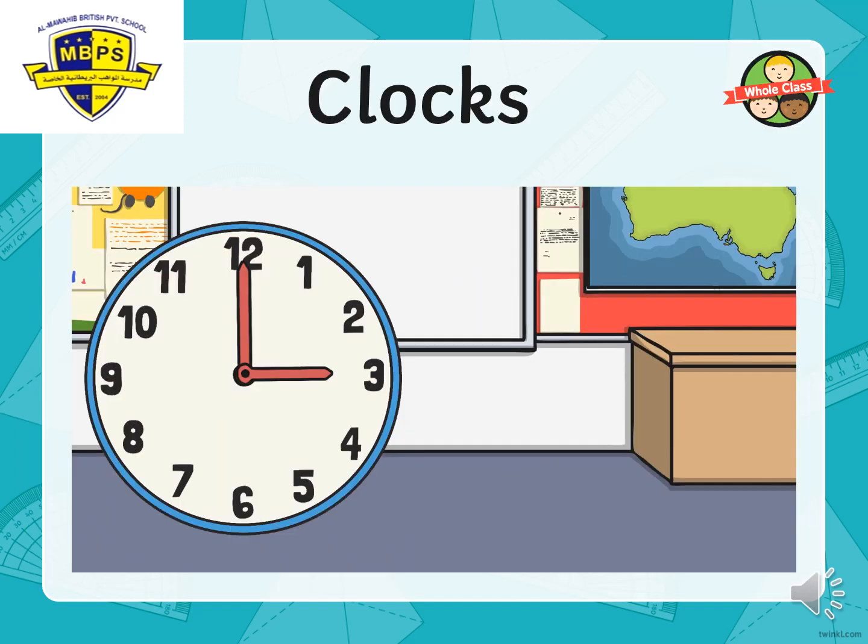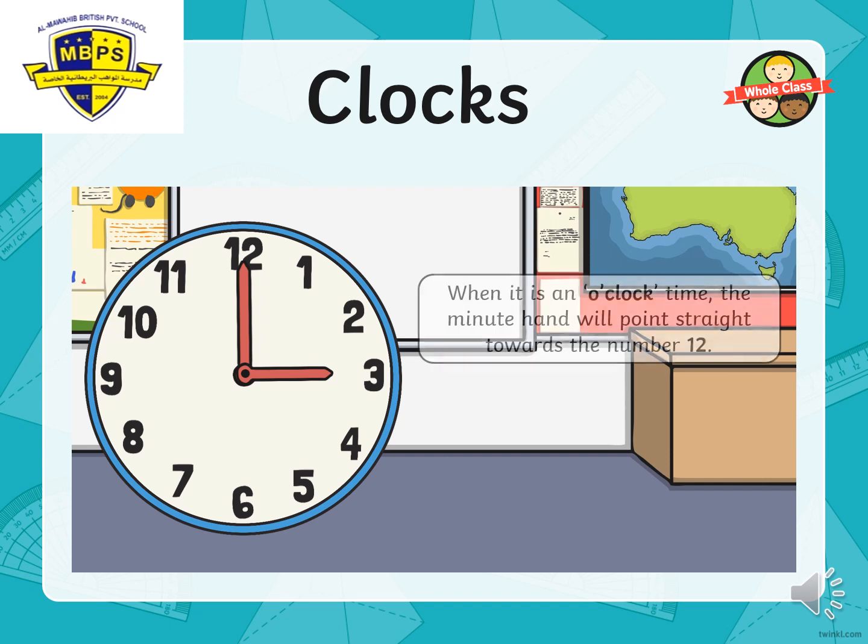Before we start our lesson for today, let's remember what we have learned in the previous lesson. Do you remember how many hands on the clock? We said there are 2 hands on the clock. One is short and one is long. And we said that it's o'clock time when the minute hand points straight toward the number 12.